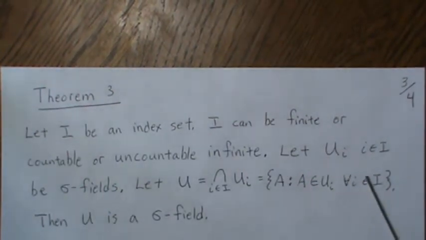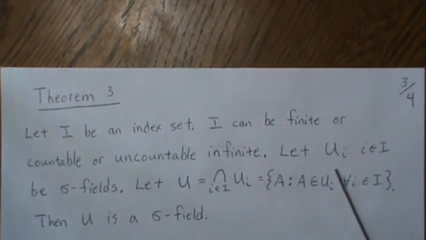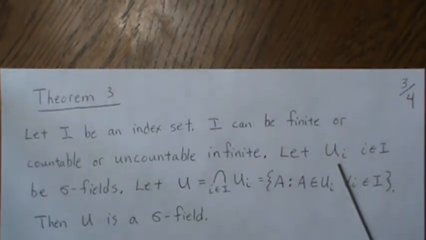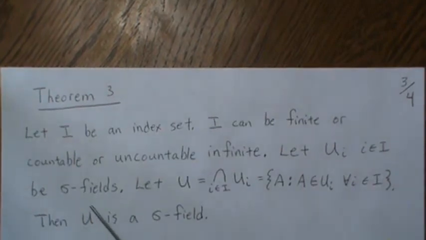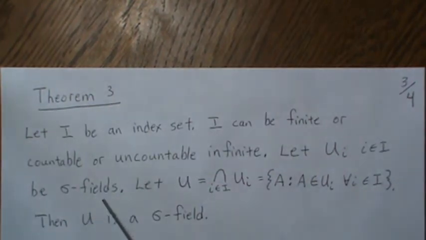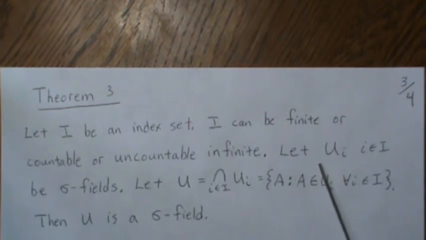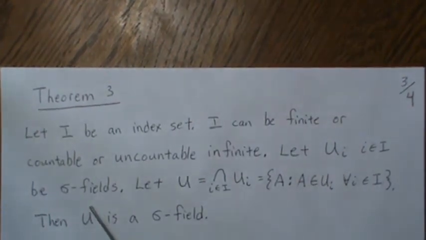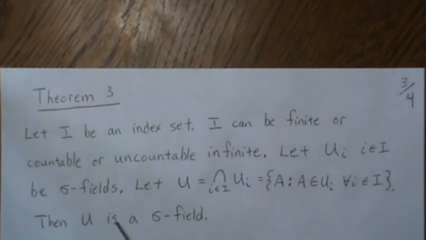And we're going to let U_i be all the sigma fields of our space. That's just worded weird, because whenever you talk about a sigma field or a field, you need a sample space or a universal set. So these are going to be all the sigma fields from our sample space.